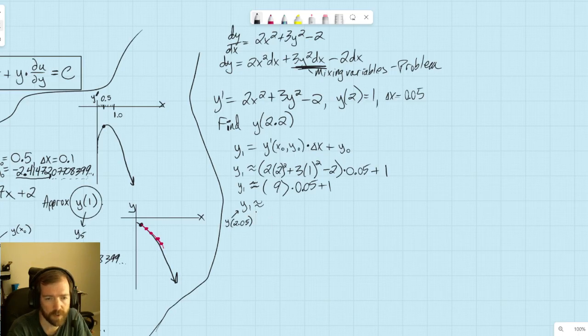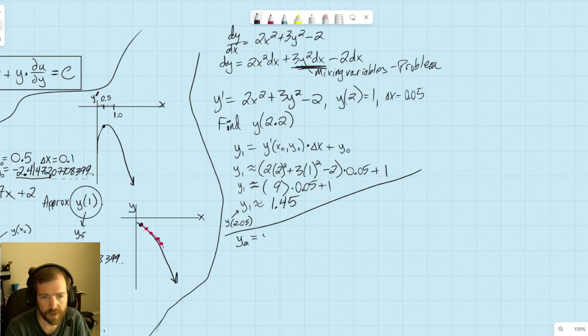All right, so y at 2.05 is going to be 0.45 plus 1, so 1.45. Okay, there's one step.